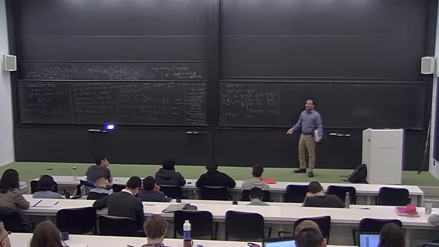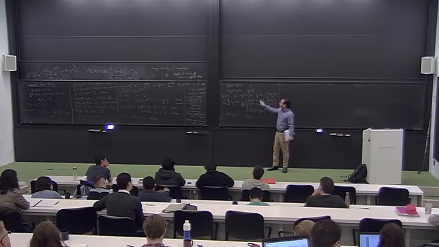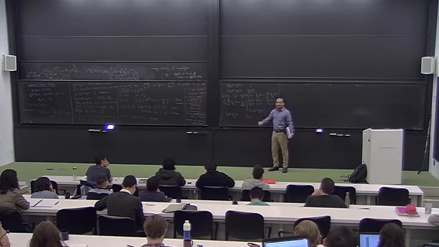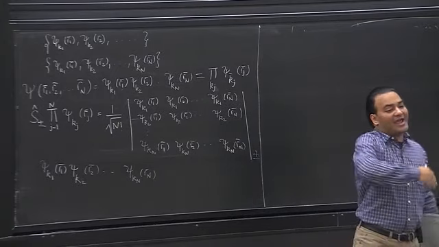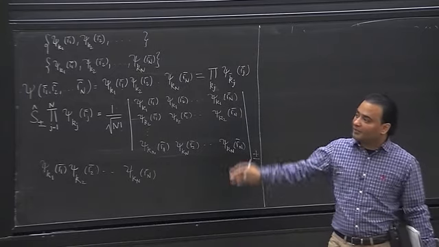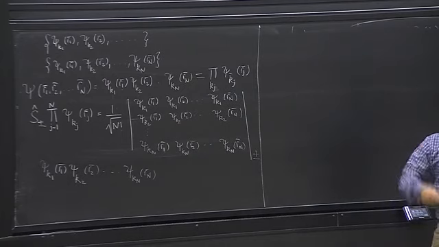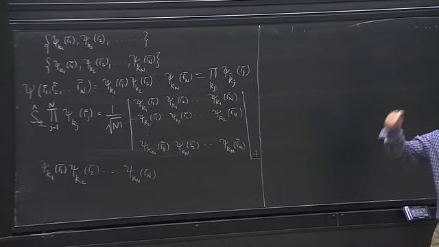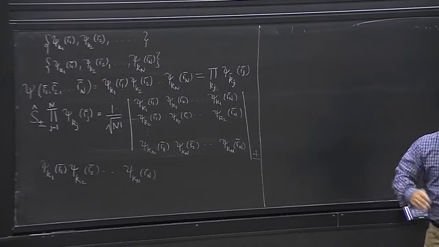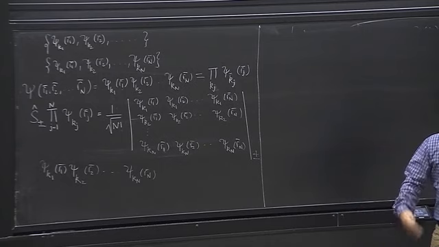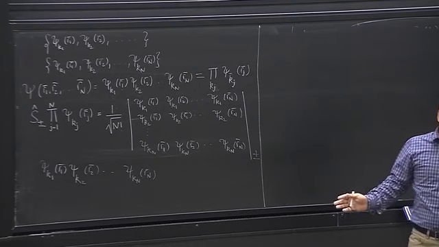We can do that by allowing all possible values for k1, all possible values for k2, all possible values for kn. If all of these quantum numbers are allowed to have any possible value, which we obtain by solving the single-particle Schrodinger equation, we can generate a complete basis set for the n-particle Hilbert space in terms of non-interacting particles.